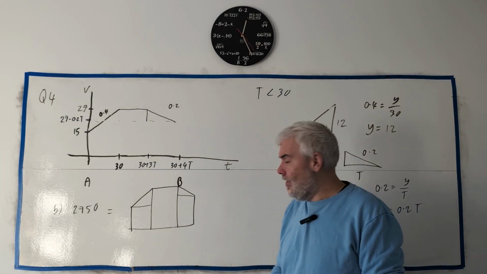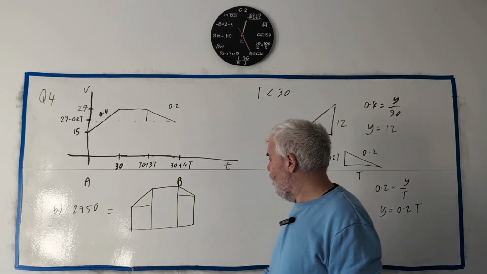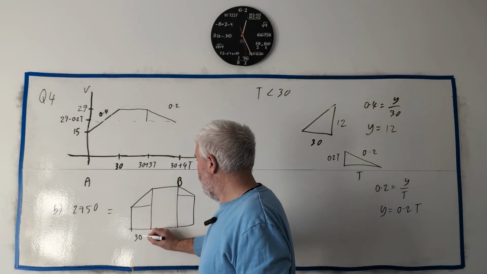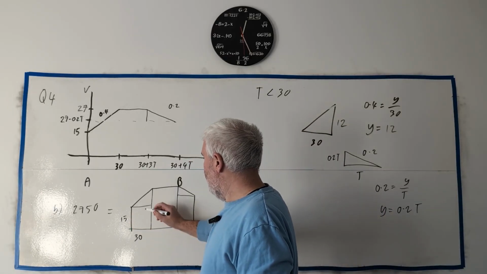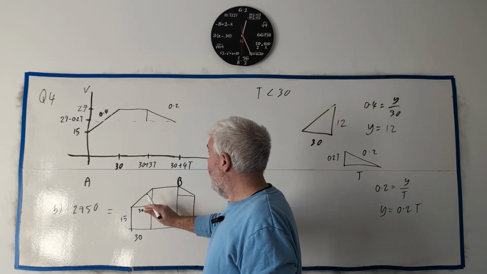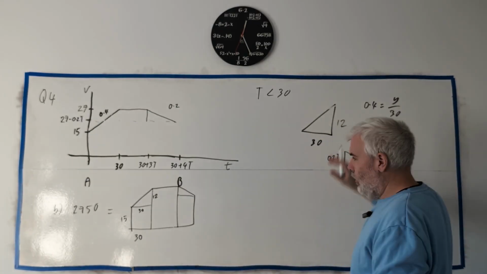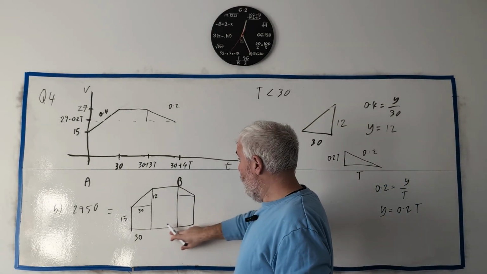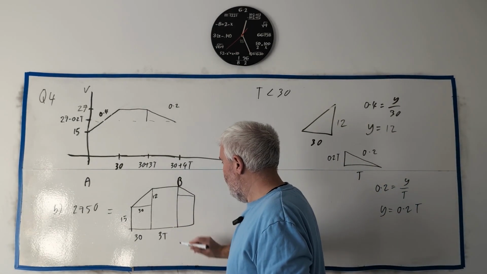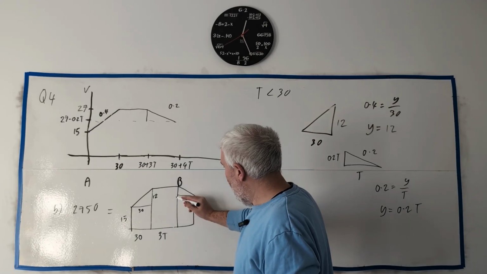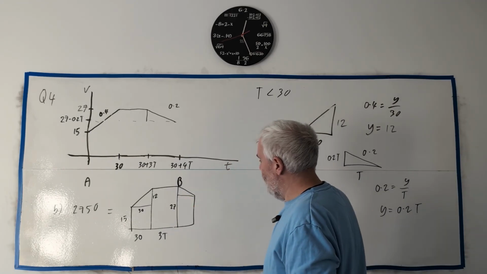At this point, it's not actually a difficult question. It's just a bit tedious. Let's add up all the areas in here. We know some of these numbers. That's 30. That's 15. This is 30 again. That's what we found out, that was 12, wasn't it? Yeah, over here. This number we don't know. It's 3t. That's all we can call that. The height here is 27. We do know that.